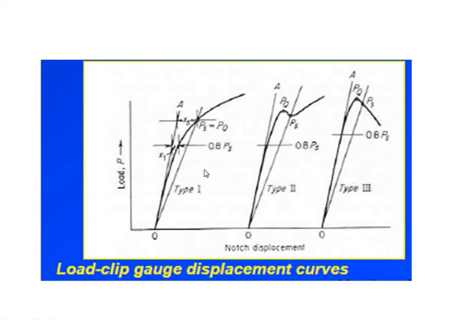So in this way you are going to plot your 0.8 PS point, and the gap between this overall tangent line to this 0.8 PS point, this we call as x1.